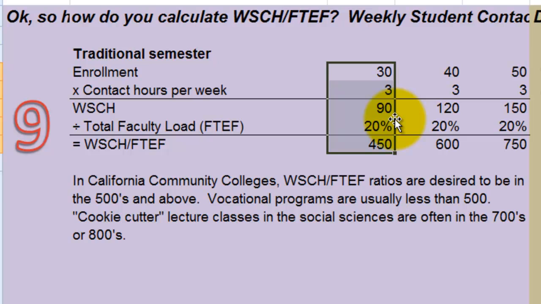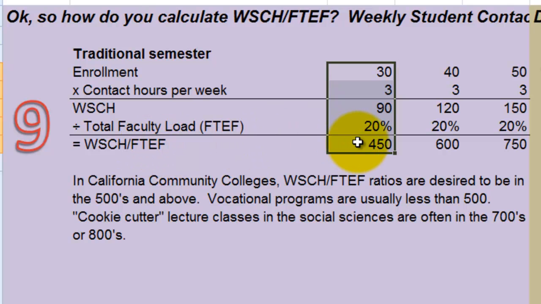Generally you take those numbers and multiply out times the number of weeks and then calculate the FTES based on those. But in this ratio, we just leave it back at the week level. So if we take the 90 weekly student contact hours and divide that by 20%, which is the load for the class, you come up with 450 as the weekly student contact hours per FTEF.